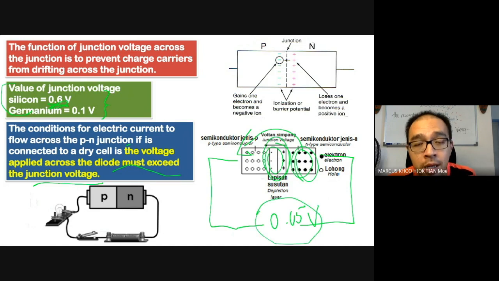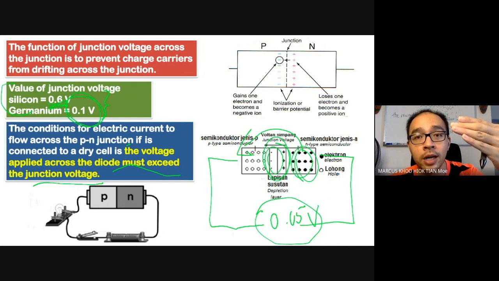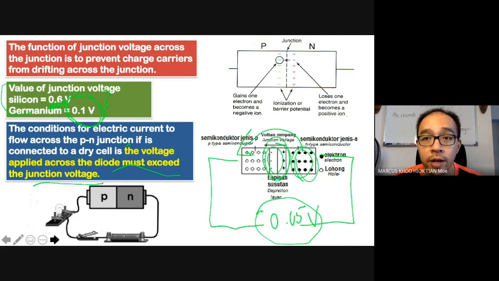Although there's a voltage, there will be no current flow because you cannot overcome the junction voltage. So that's why we need a minimum amount of voltage in order for the junction voltage to be overcome.